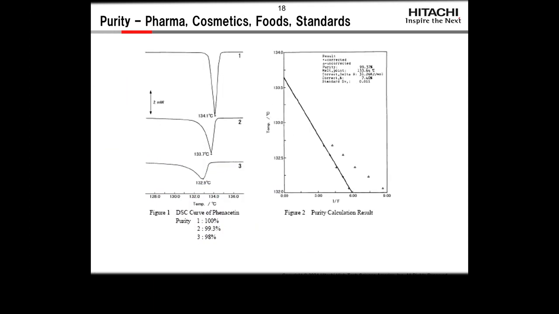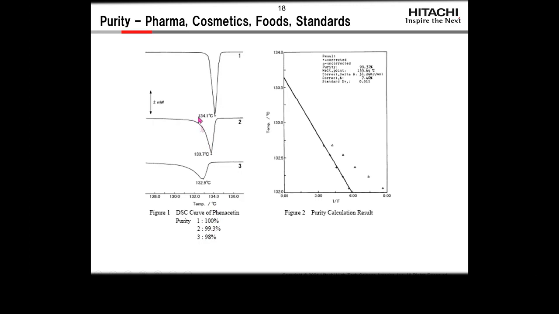Now, one thing that's often forgotten is that DSC, because it looks at melting behavior, can actually be used to estimate purity, and it can estimate purity at very high levels. So if we look at these curves here, we have 99.29% pure painkiller, and then we have 99.3, and you can see how it's broadening.